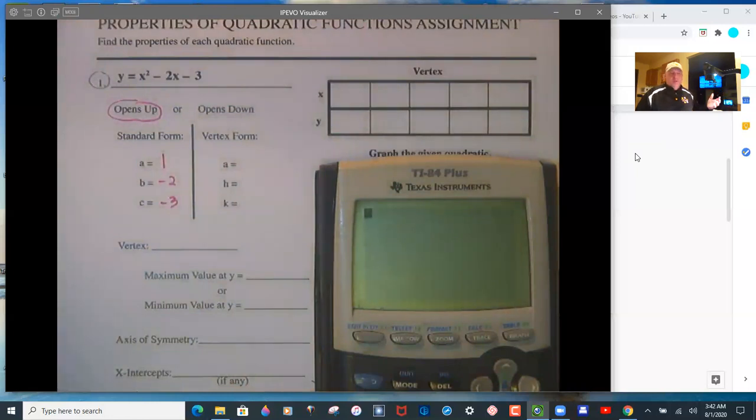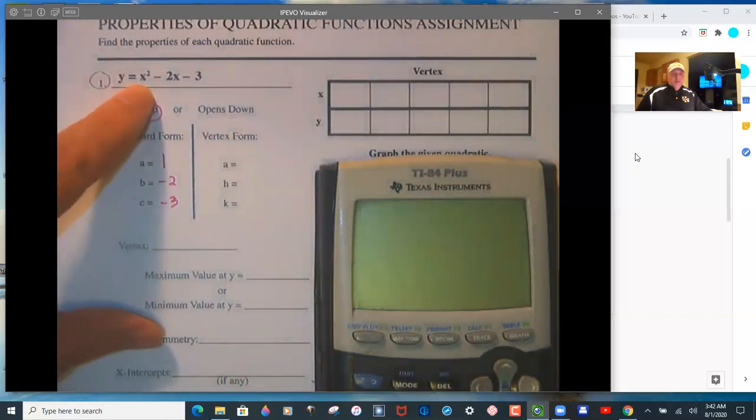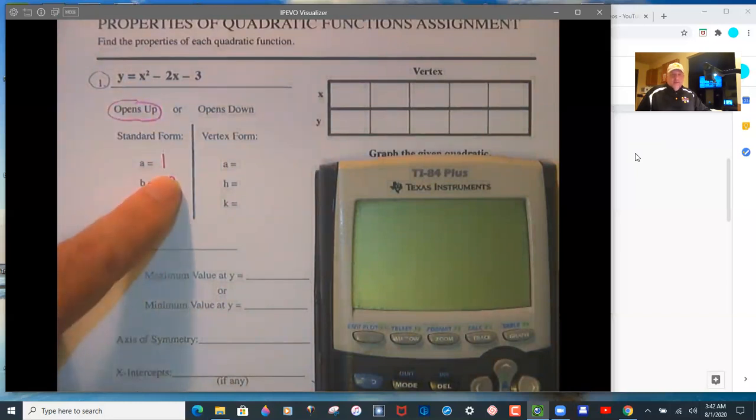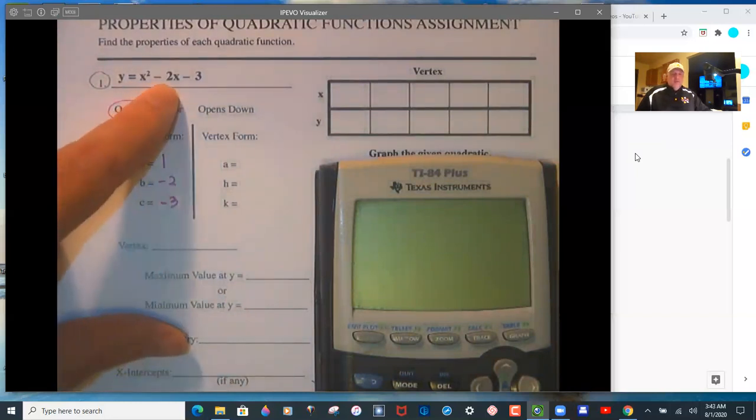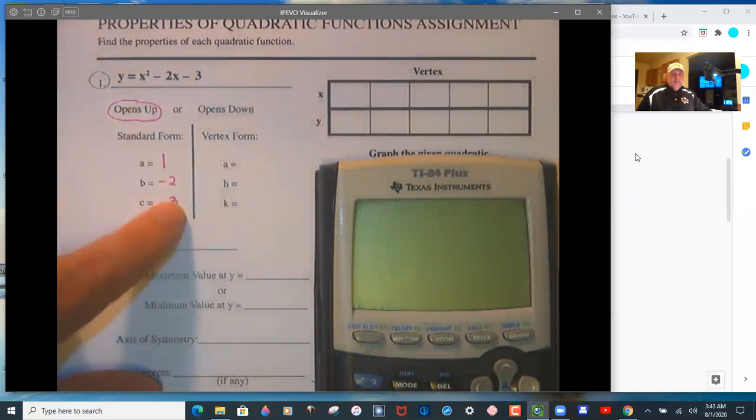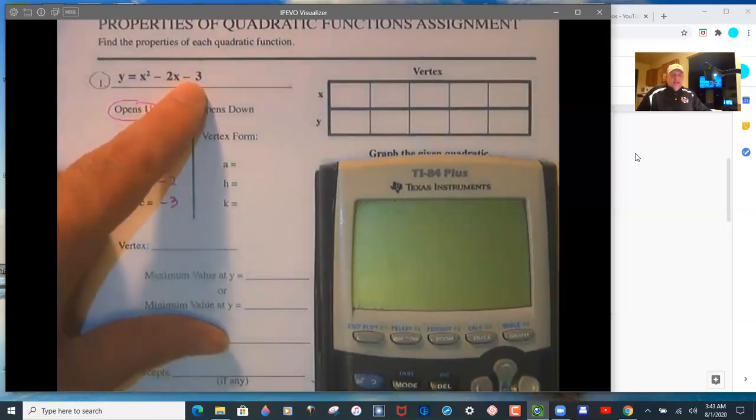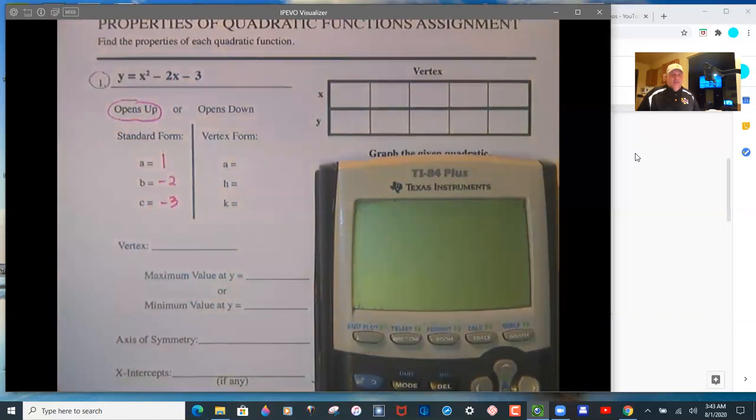So you want to, first of all, identify the values of a, b, and c, and you have to think in terms of addition. So the coefficient of x squared, that's the value of a. That's 1, plus negative 2x. So the coefficient of x, we call it b. The b coefficient is negative 2. And then the constant added on the end is negative 3.